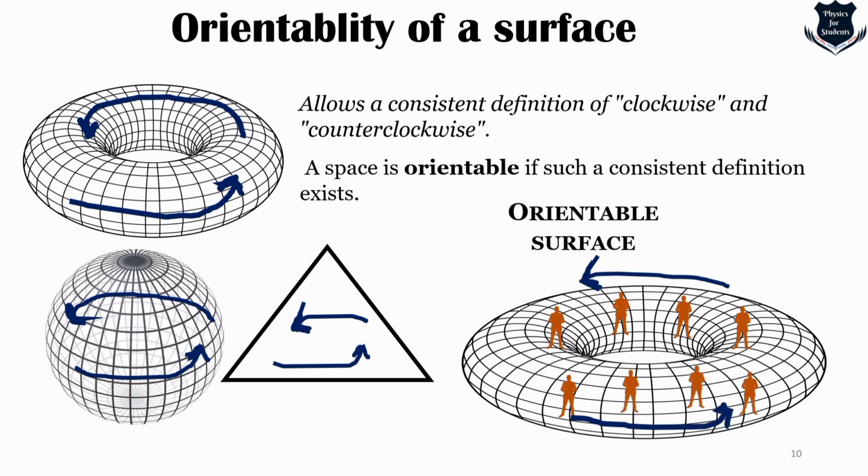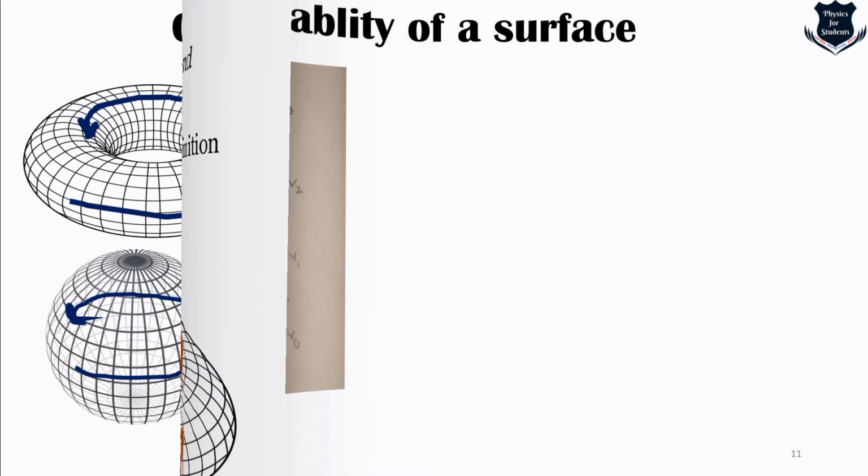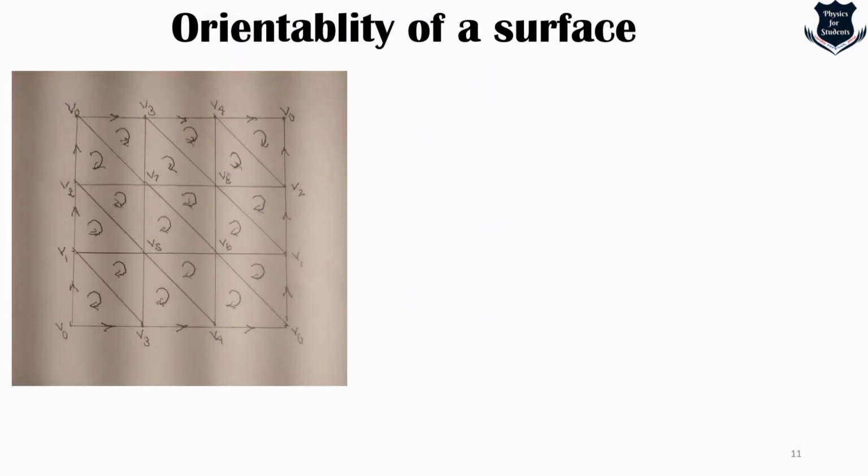What happens is that nothing really changes. That means it is consistent in terms of clockwise and counterclockwise. That means the movement or the phase coming out of that is not changing, and that is what is called an orientable surface.